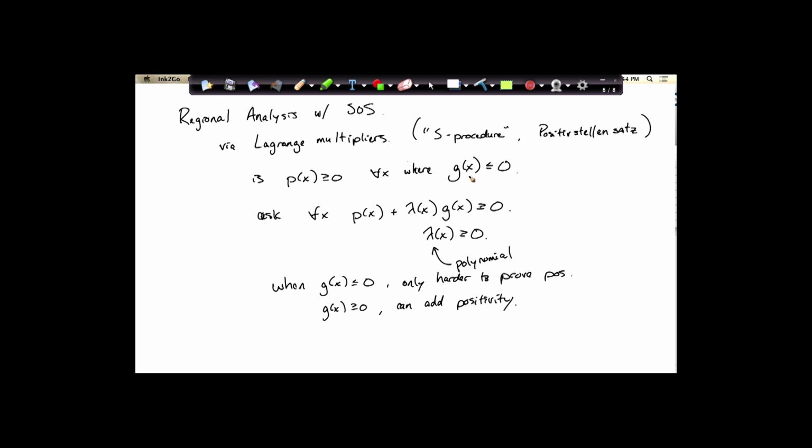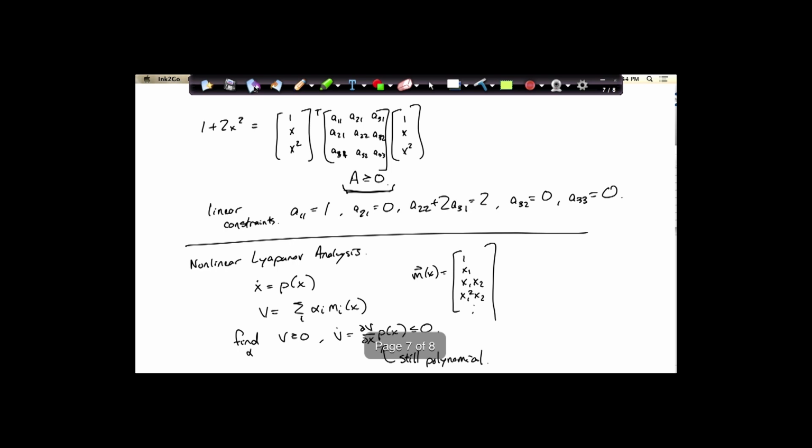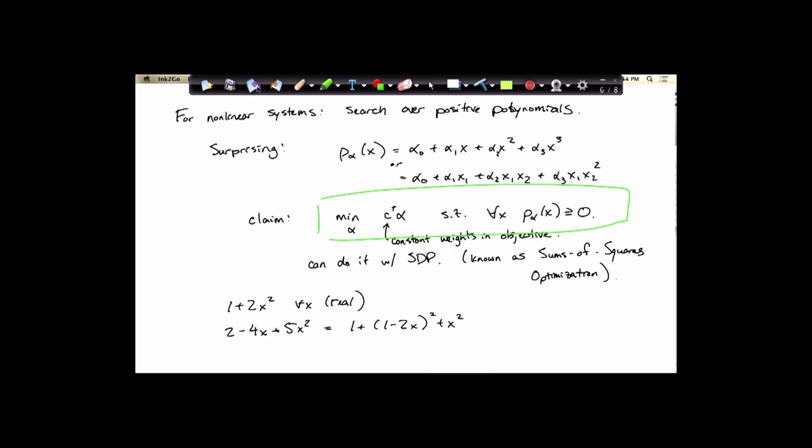No. This is a subtle answer, I think, and I want to make sure we get it right. In the sums of squares problems, I'm going to flip back to the previous page here. Okay, there are two sets of variables flying around here. There are my decision variables, and I can put constraints on my decision variables. And then there are these indeterminates, which have to hold for all possible x.